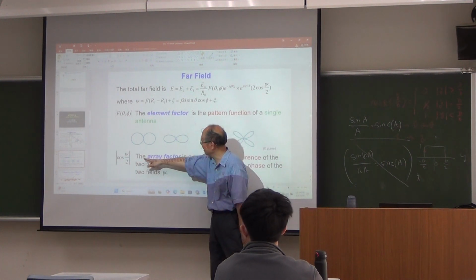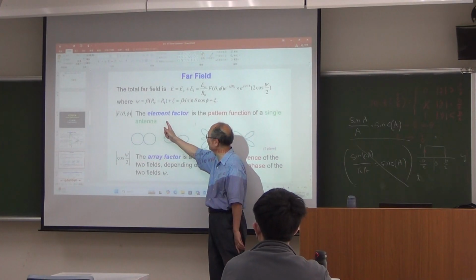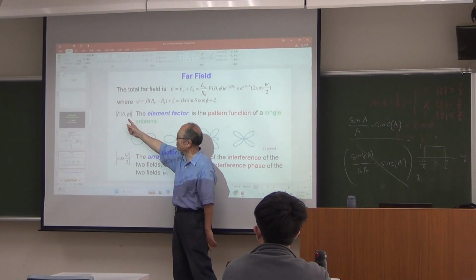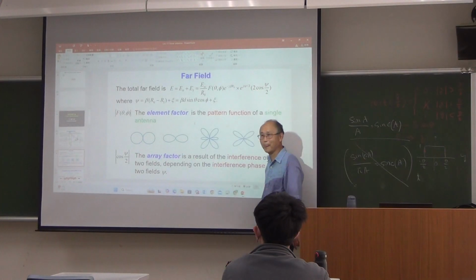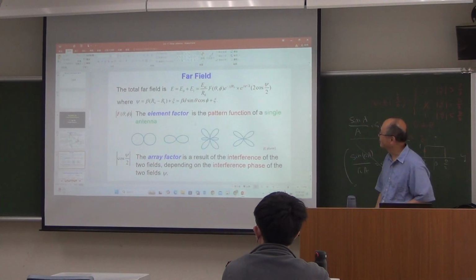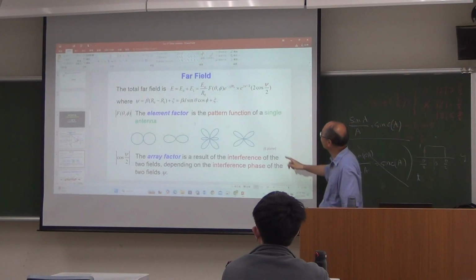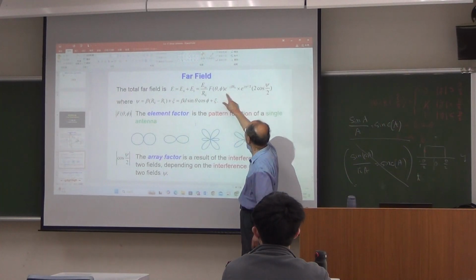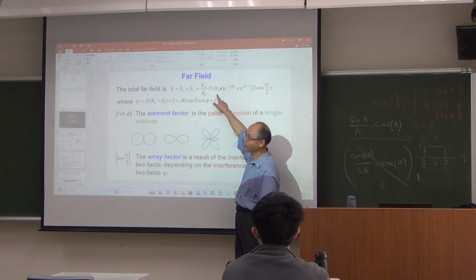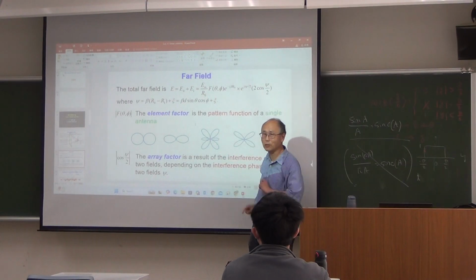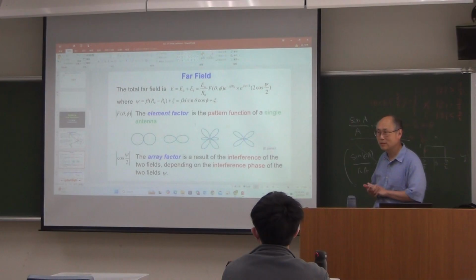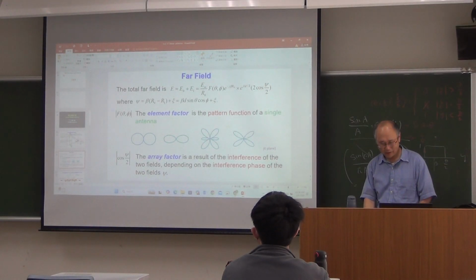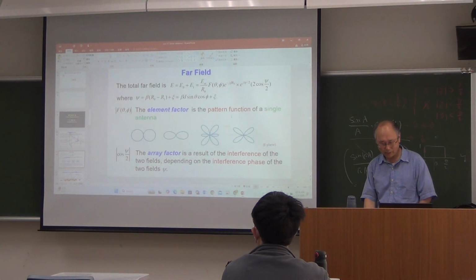So this term tells you the interference. This term tells you the antenna pattern for a single element. So you have this term and this term together. Li Xiaolong, do you recall this? Yeah. Right. So these two terms multiply together.